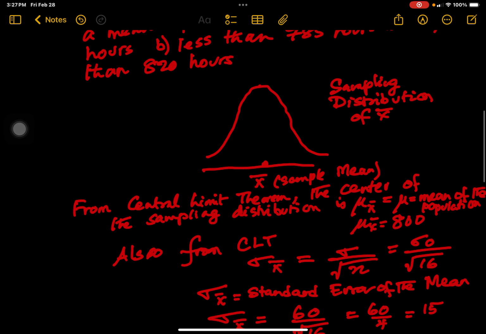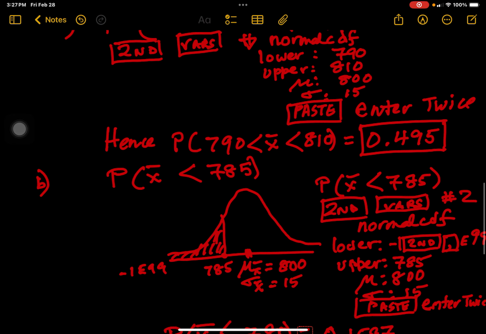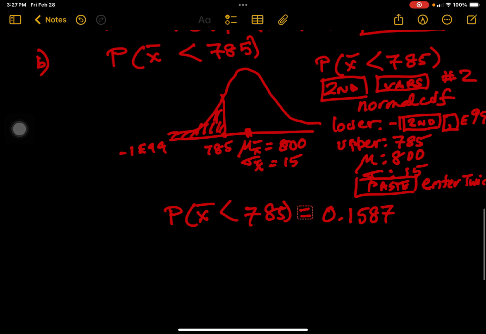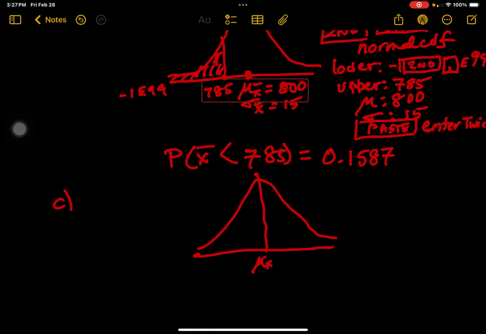Now we will do the last part, which is more than 820 hours. So again, see, more than 820 hours. Same picture. So the center is mu x bar equal to 800, sigma x bar equal to 15.